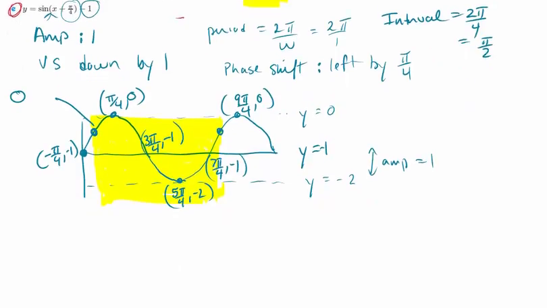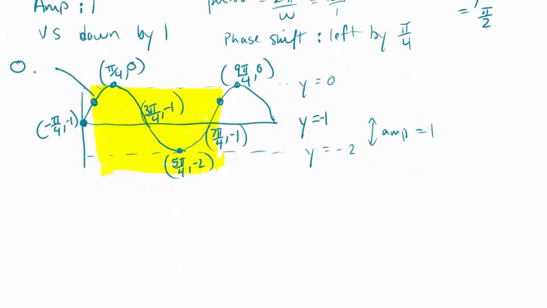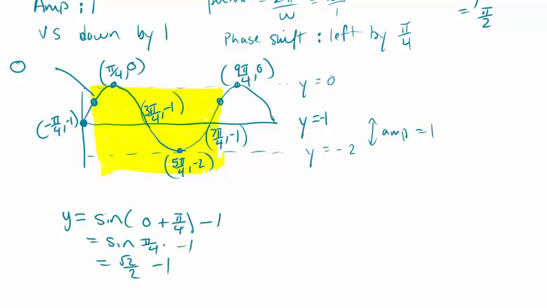So we have our x value of 0, but then our y value, so let's find sine of 0 plus pi over 4 minus 1. So that's sine of pi over 4 minus 1. Sine of pi over 4 is root 2 over 2 minus 1.